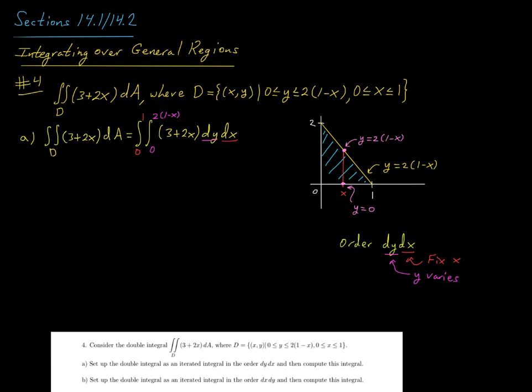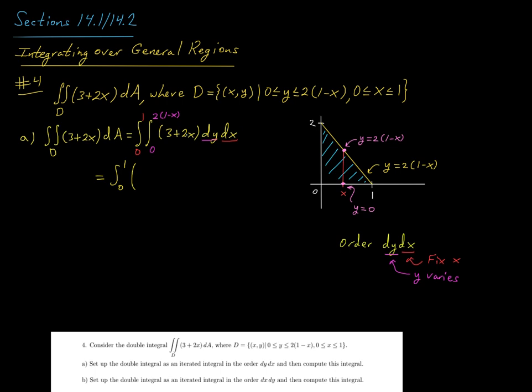Now the key thing to notice is that we have a variable up here in our limit of integration. But as far as the computation goes, this is really no different than what we've already been doing when integrating over rectangles. So we're going to integrate from 0 to 1, and here I'm going to compute the integral of 3 plus 2x with respect to y.